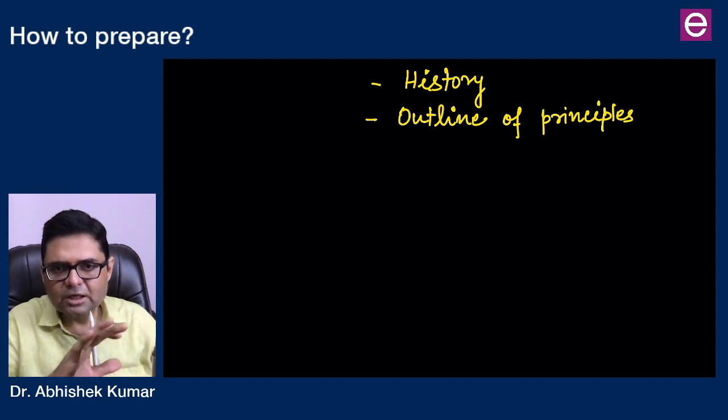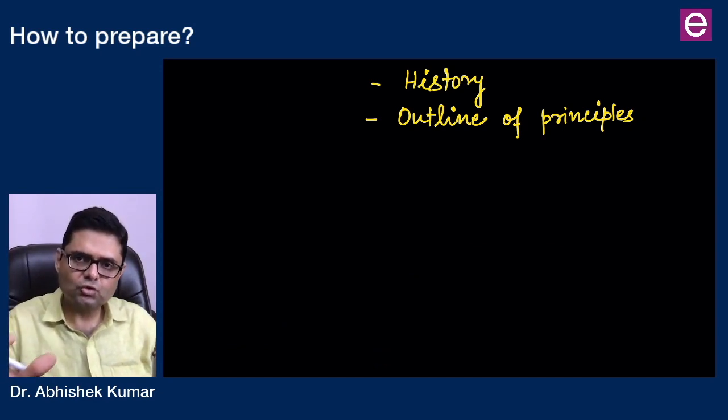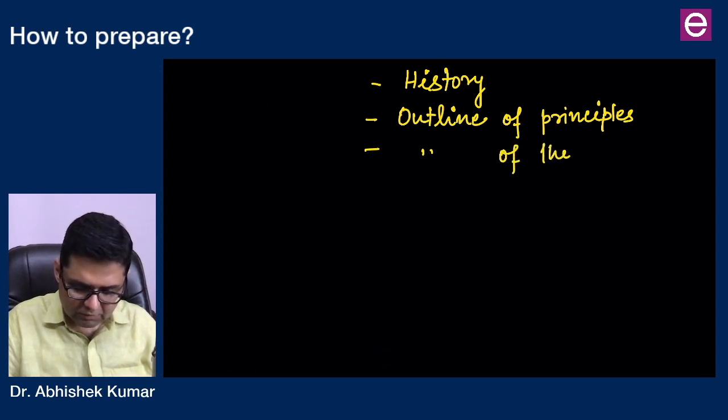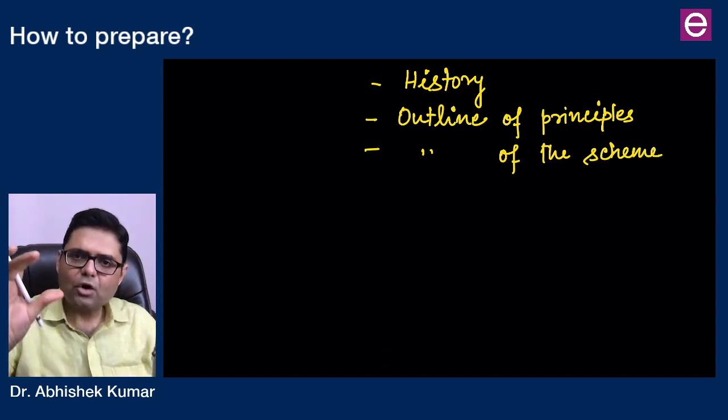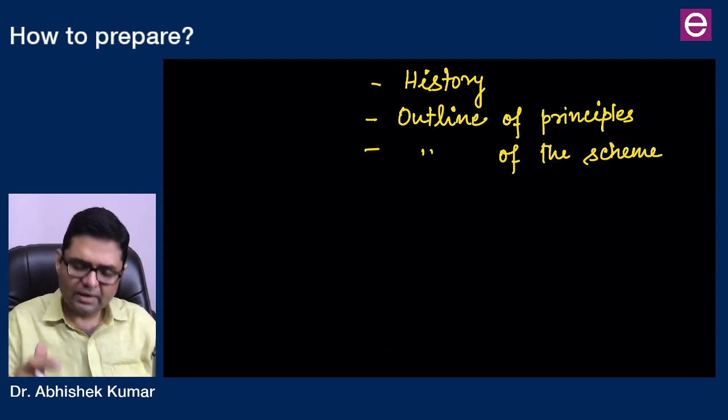That is the principles on the basis of which they classify the families into superior ranks. Then the outline of the scheme of classification: how did they organize the families in superior levels, like in different orders, and so on.